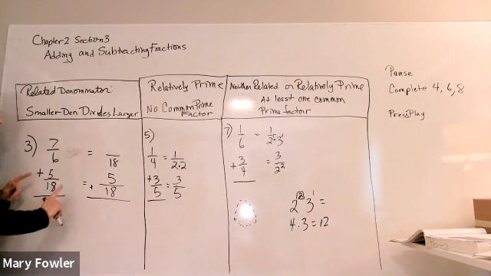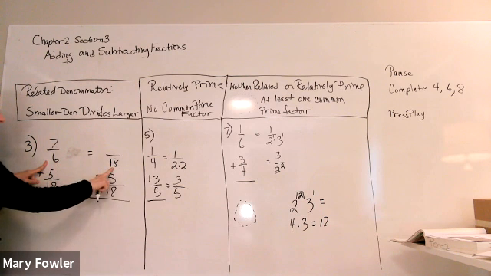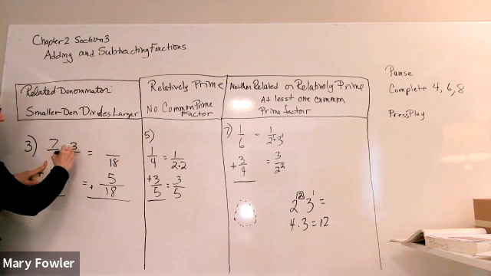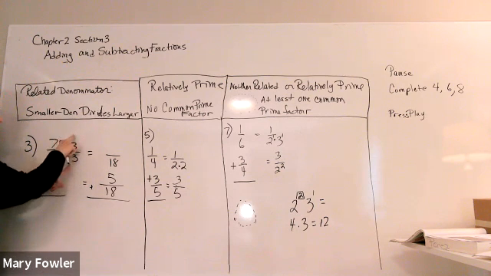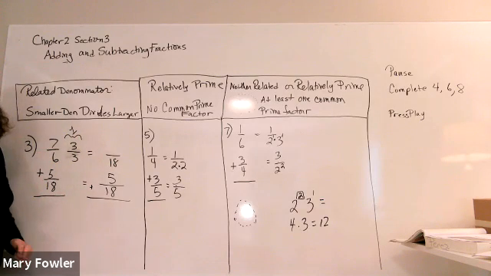But for the top one, we have to find a value to multiply by. 6 goes into 18 3 times. So we are going to multiply numerator and denominator by 3 over 3. This has the value 1, so I'm allowed to multiply by it, and it helps me out.